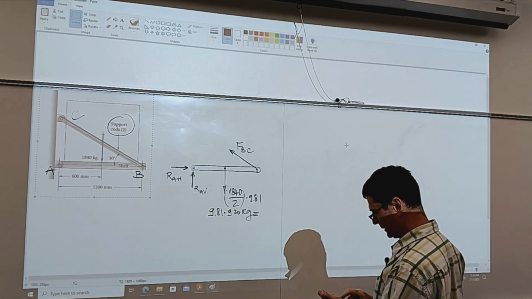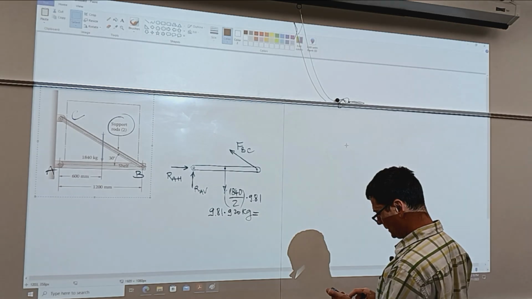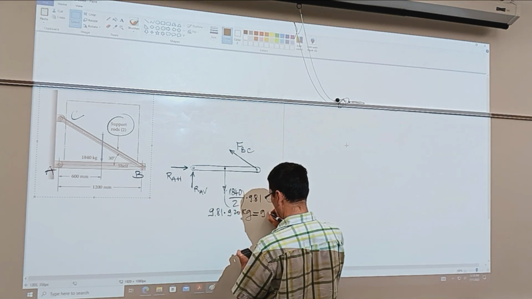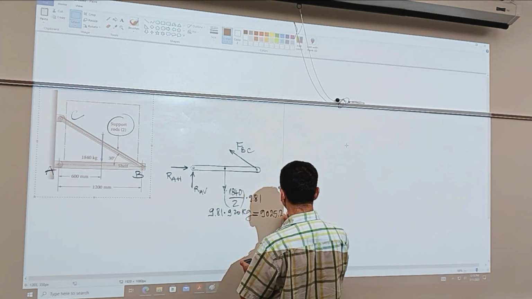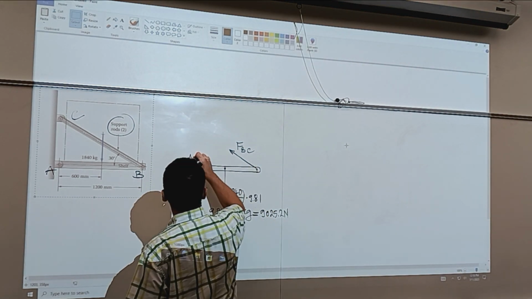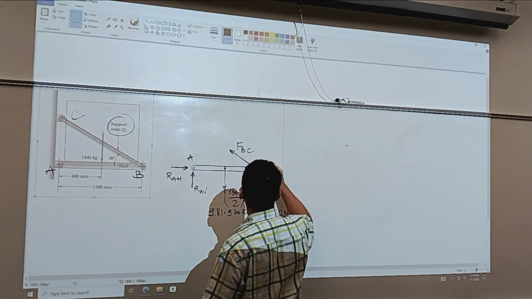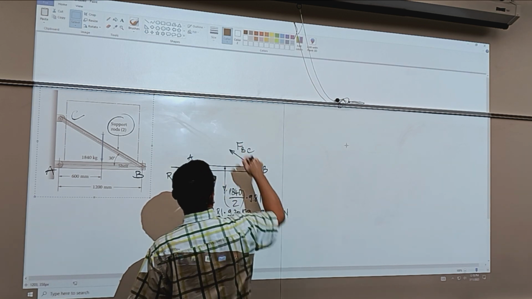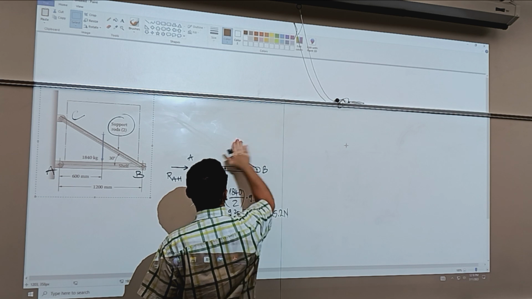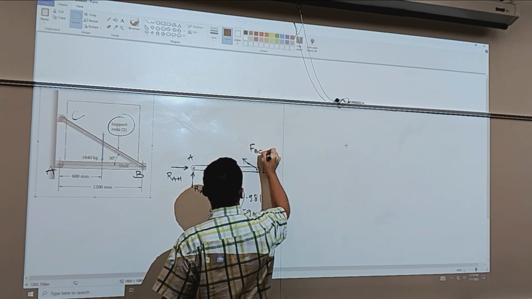So 9.81 times 920, this is 9,025.2 newtons, okay? And again, points are A and B here. And then I can do a free body diagram. Let me make it shorter, the FBC.